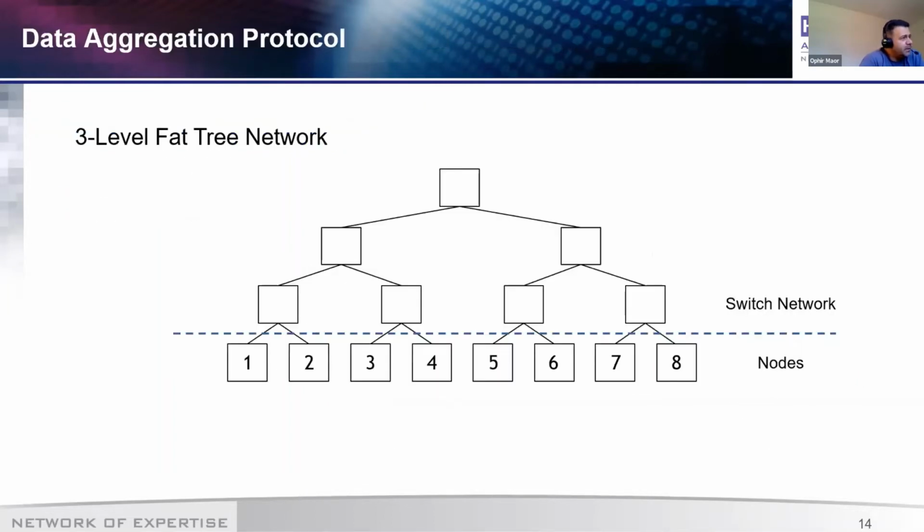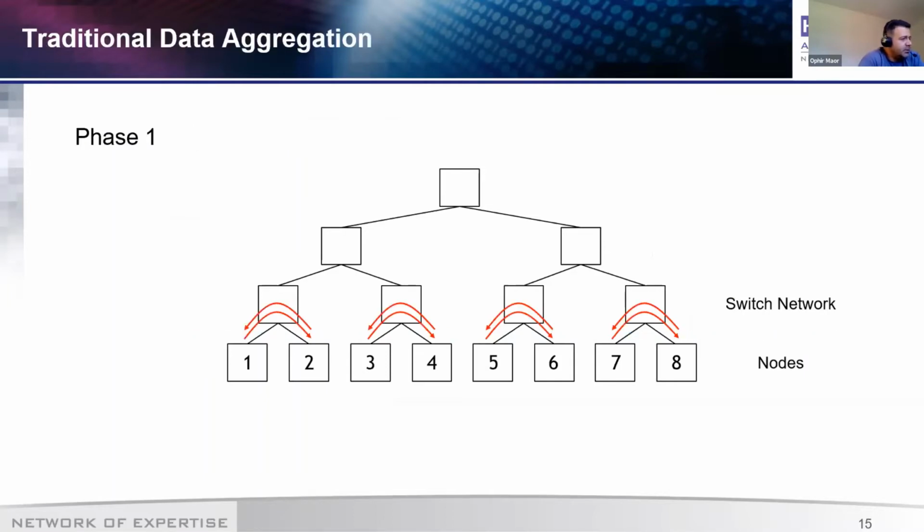This is an example of how the aggregation would traditionally be done. Let's say node 1 and node 2 or several nodes are exchanging information and collecting information on the lower part of the tree.